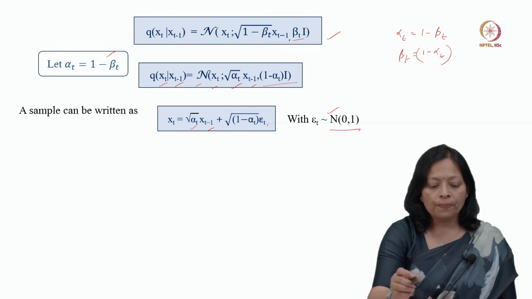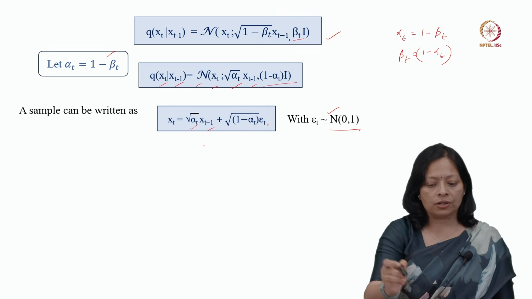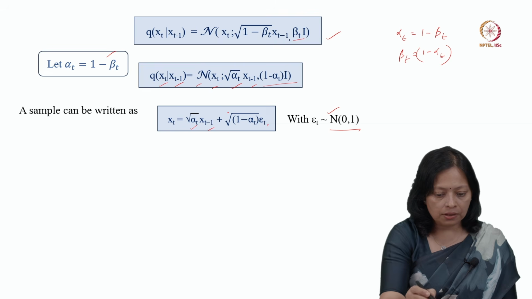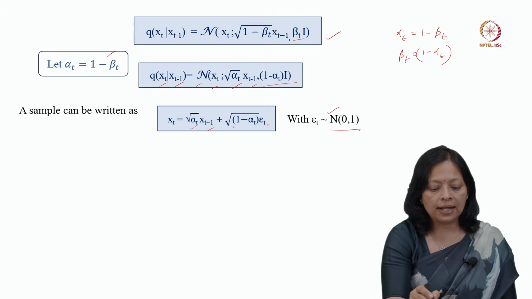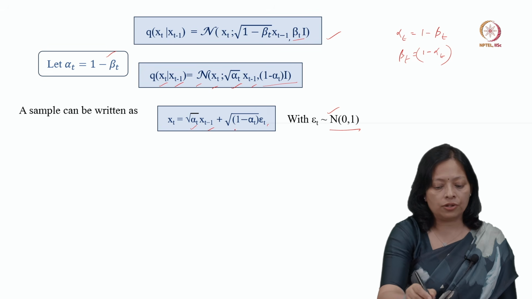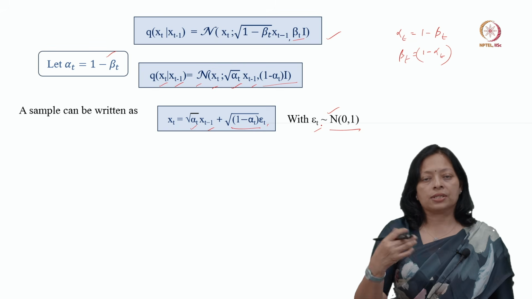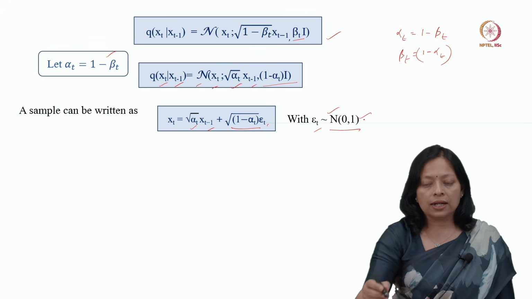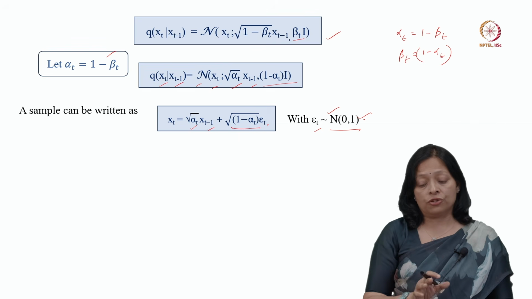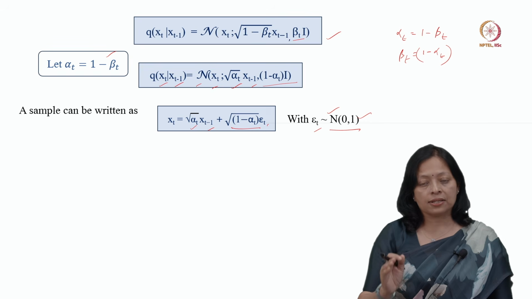So, it can be written as the mean plus the standard deviation times epsilon t, which belongs to a Gaussian distribution with mean 0 and variance 1.